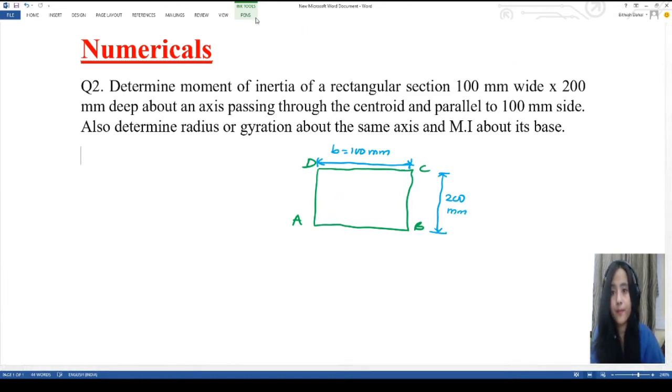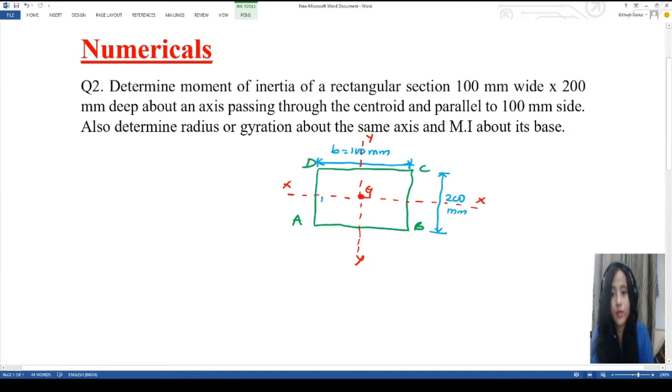And the two axes, x-axis and y-axis, for the section will be passing in this manner. Y, and this is the centroid G. Now what will be the distance from A till this point?